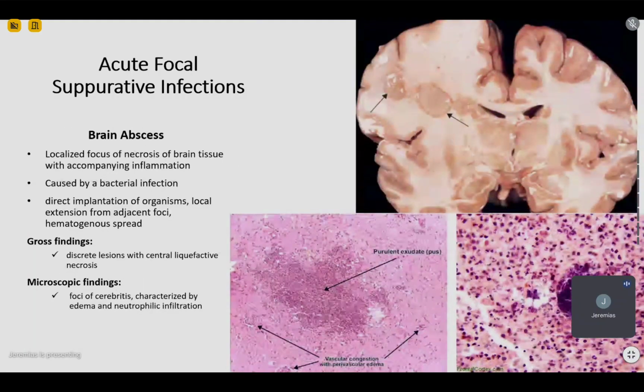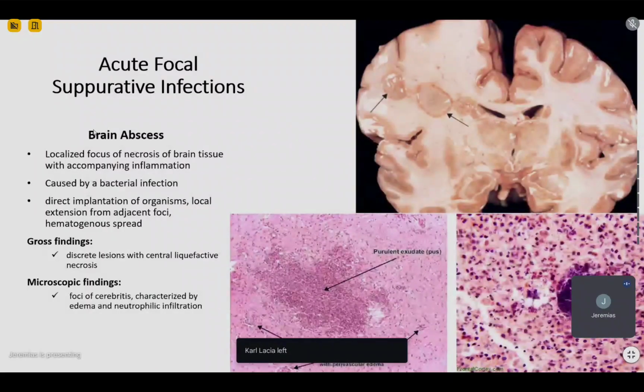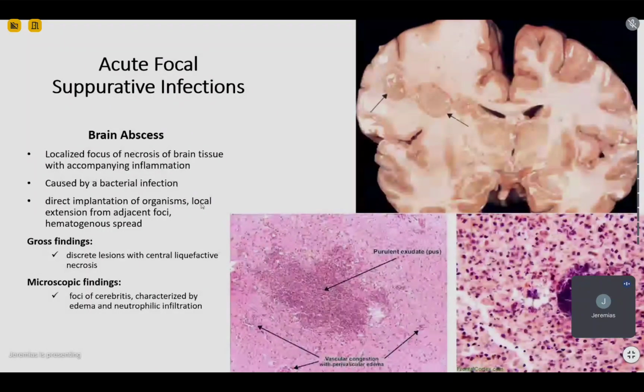Then we also have acute focal suppurative infections. An example is brain abscess. So this part of the brain, brain abscess or focal suppurative infections, they are caused by pyogenic bacteria, sometimes fungi.